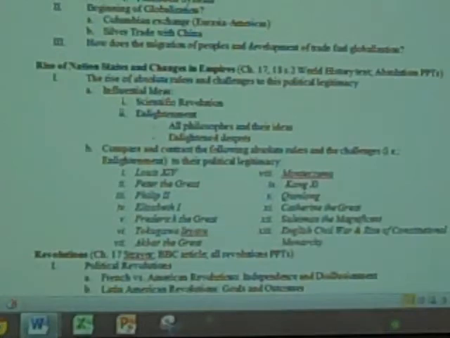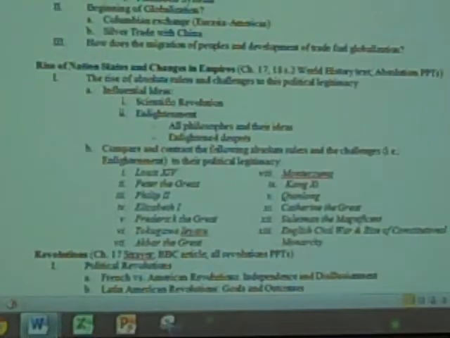Peter the Great, again, everyone's responsible for, he's in the textbook. We also had class presentations in some classes, but more importantly, he's in the textbook. Philip II: textbook, Armada, our movie, we had lots on Philip II. Elizabeth I, same thing, everyone's responsible for her.